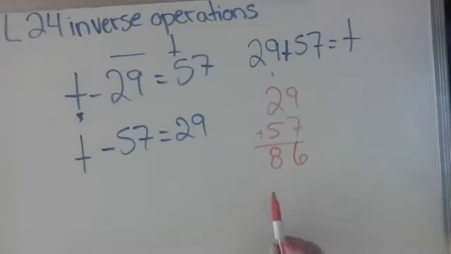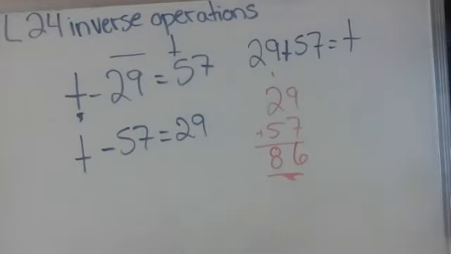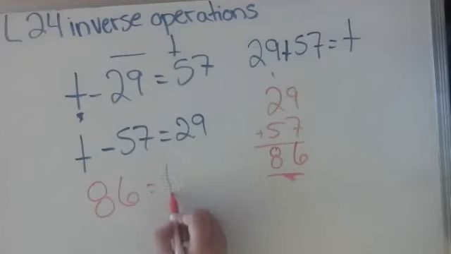I can check my answer right away because this number should be bigger than both 57 and 29, and it is. So my answer will be 86 equals T.